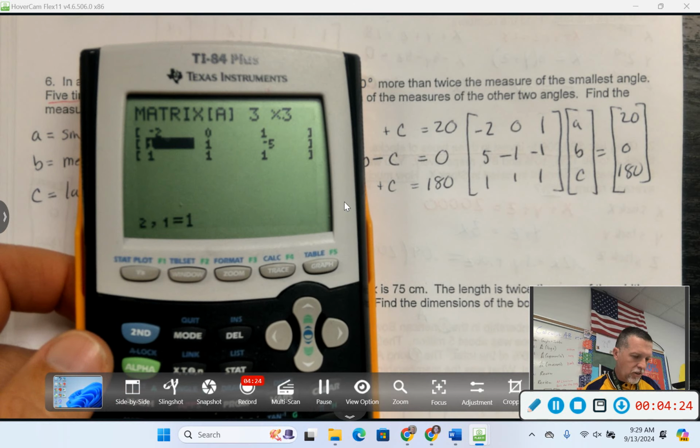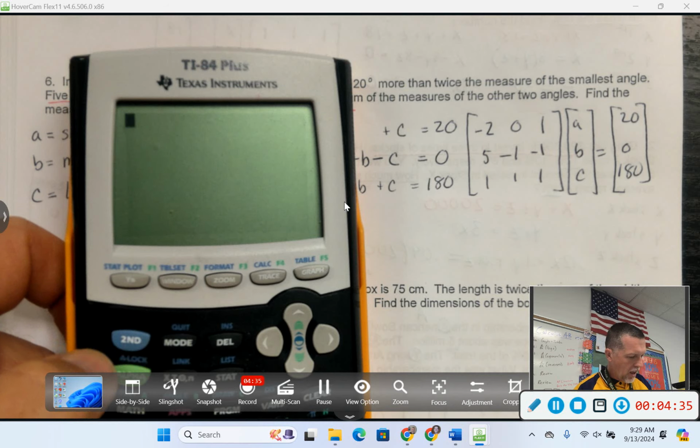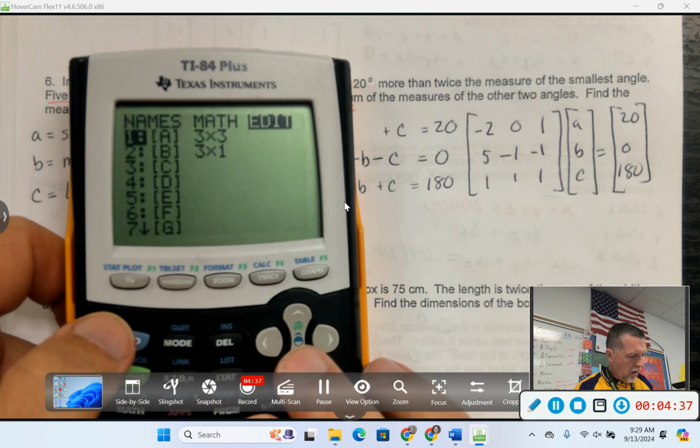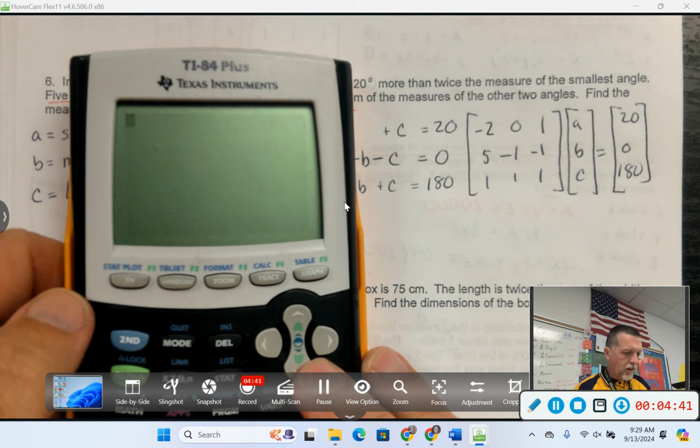So negative 2, 0, 1, 5, negative 1, negative 1, and then 1, 1, 1, because that one didn't matter so much. So that's matrix A. Matrix B, 20, 0, 180, that one's good.